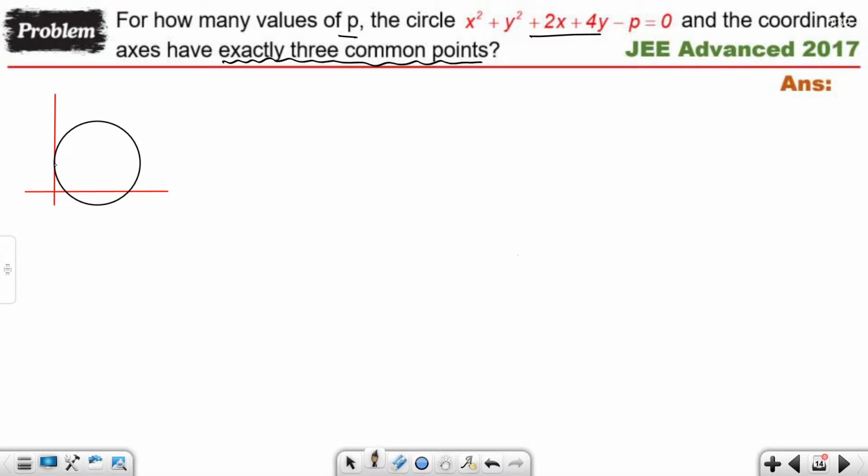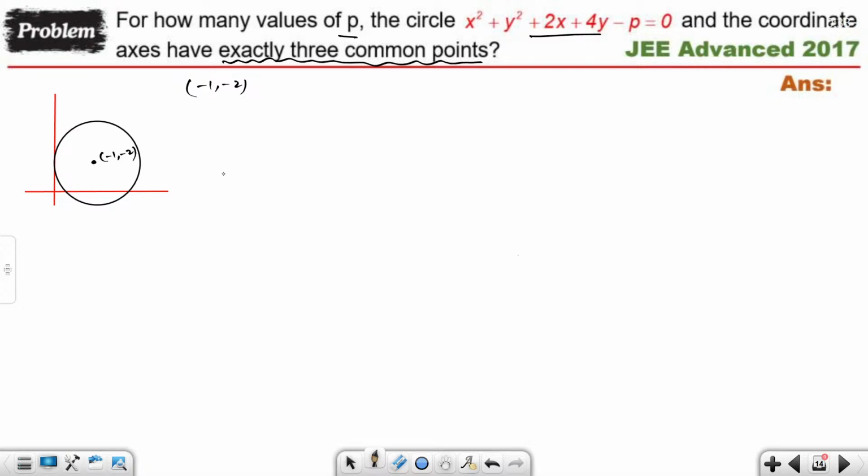In this case, the circle has its center at (-1, -2), though I am taking it in the first quadrant. Don't be confused with that, because (-1, -2) is basically in the third quadrant. We are going to have the same thing over there. Only the coordinates of the center get changed, nothing else.